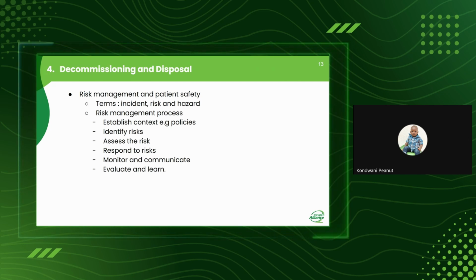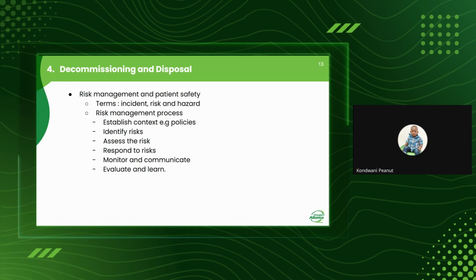And the risk is the probability that that incident or a hazard is going to happen. Normally a hazard is something that can bring about damage. For example, electricity can cause electrocution or the like. So that becomes a hazard.